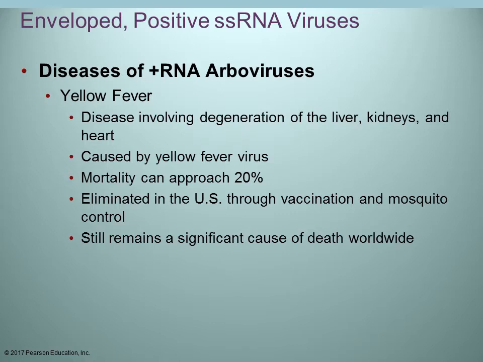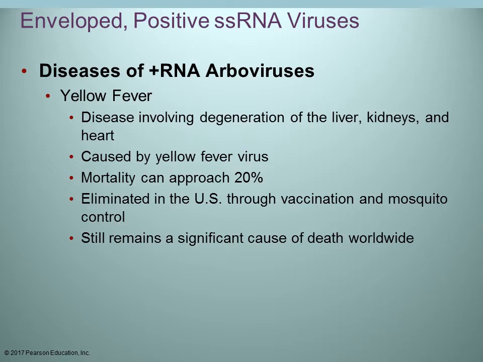Yellow fever also is caused by an arbovirus. Yellow fever, the disease itself, is going to lead ultimately to abnormal degeneration in the liver, the kidneys, the heart. Mortality rate can reach up to 70%.